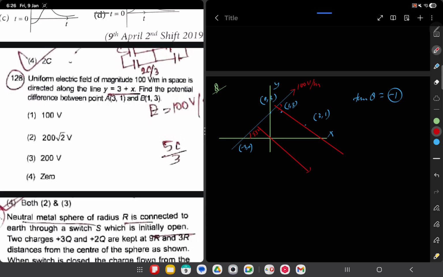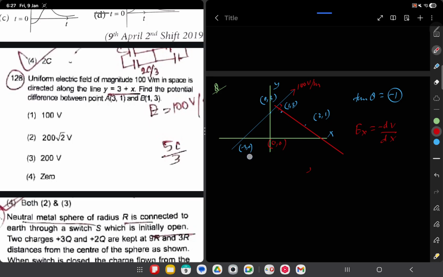Electric field is how much? Let's say this is 100 volt per meter. E equal to, you may write Ex equal to minus dV by dx. For minus dV, let's assume you are going from this point to the origin. We are going from this line to the origin. So dV is how much? Let's say this is 100 volt per meter.